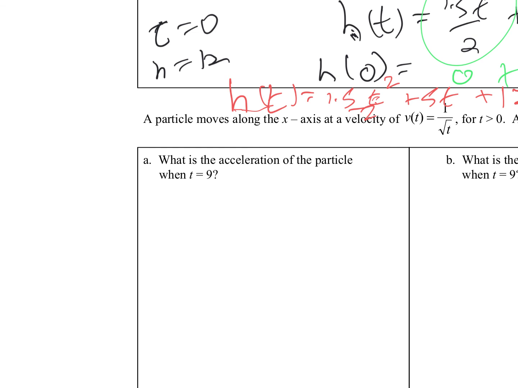What's the second derivative? Acceleration. What's the third derivative? Velocity, acceleration, and after acceleration, the third derivative is called the jerk.